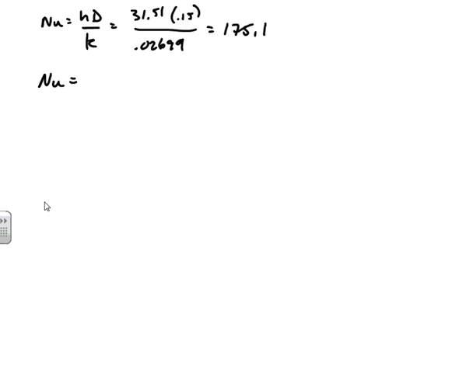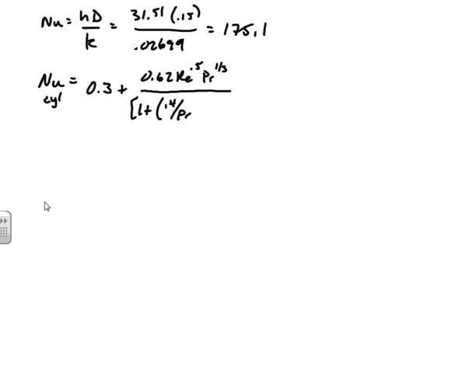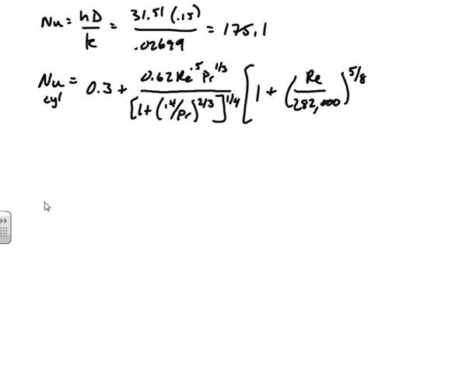The Nusselt number for a cylinder that works over an entire range of Reynolds number is equal to 0.3 plus 0.62 times the Reynolds number to the 0.5 times the Prandtl number to the 1/3, divided by 1 plus 0.4 divided by the Prandtl number raised to the 2/3, and the whole denominator raised to the 1/4, times 1 plus the Reynolds number divided by 282,000 raised to the 5/8, and that whole term raised to the 4/5.